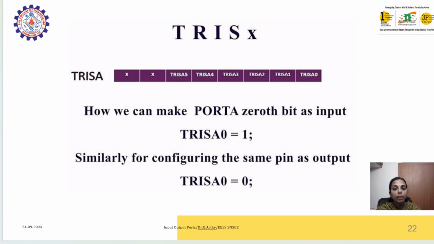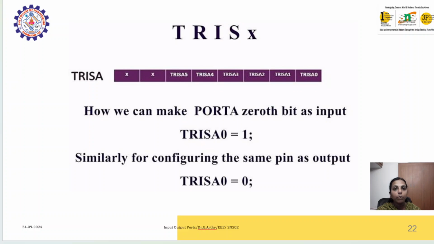Here an example is given. Suppose you want to make port A 0th bit an input, then what should we do? If we need a particular port pin as input or output, then the tris register specifically for that port has to be made 0 or 1.